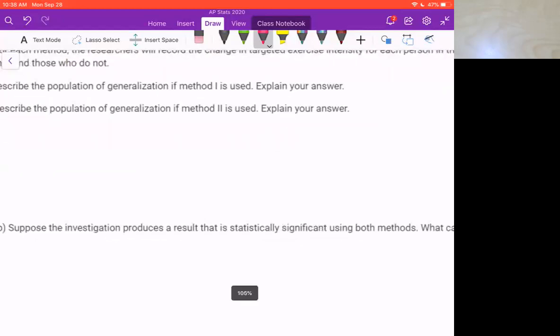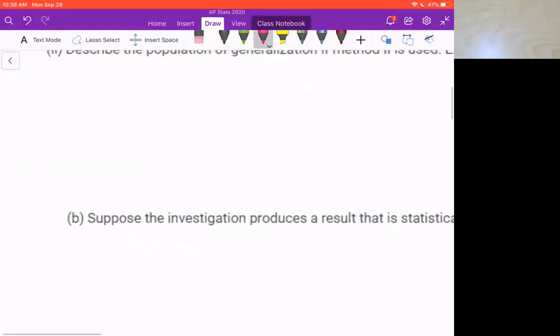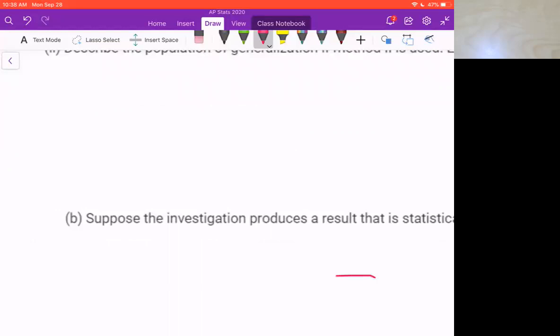Suppose the investigation produces a result that is statistically significant. Statistically significant means that they see differences. They see a difference between people that exercise with a partner compared to people who exercise alone.